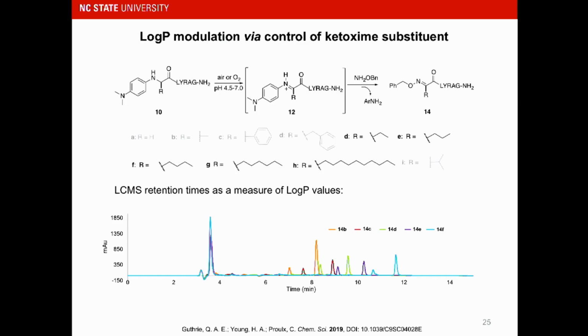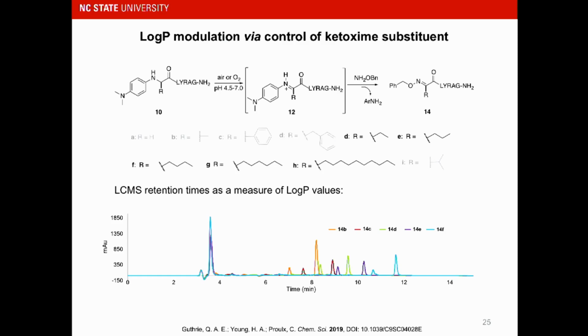So we looked at the behavior of a variety of unnatural amino acids that were increasing in number of carbons, and we see by HPLC that we are doing what we should be, which is making the peptide more and more hydrophobic.